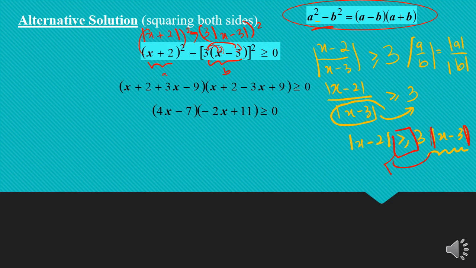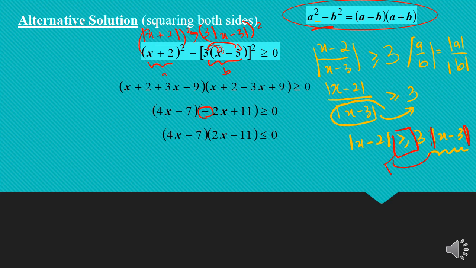So this is a quadratic. We just have to solve the quadratic inequality. The easiest way to solve quadratic inequalities is by using the graphical method. Remember, the tip to make sure you don't make any careless mistake is to take out the negative on the x.